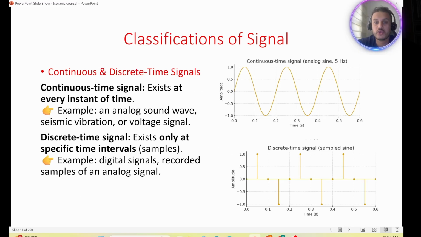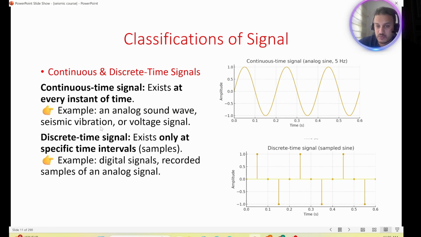We have two different types of signals, continuous and discrete time signals. Continuous time signals, think about it like it is continuous, it exists at every specific period of time, there is not a break. Example, an analog sound wave. When we start talking, we send a continuous wave through the air, and this continuous wave is also called an analog wave.